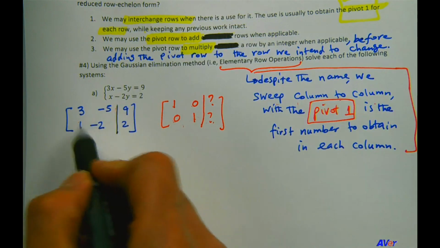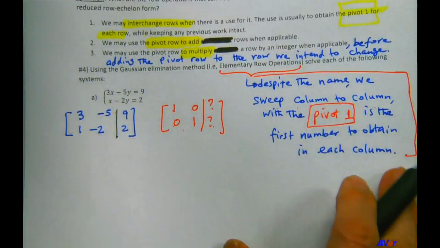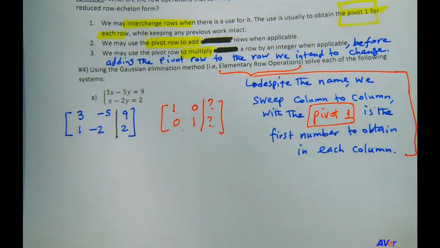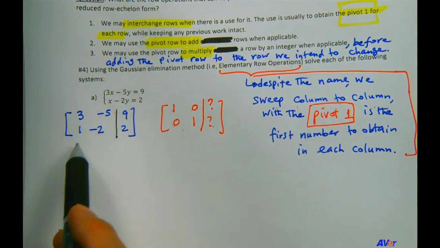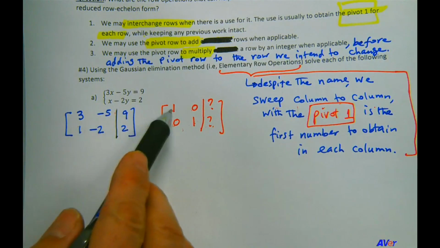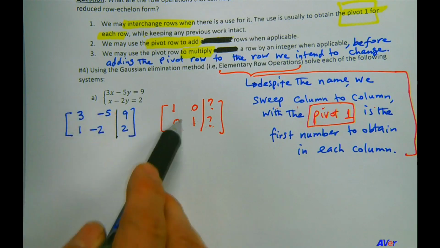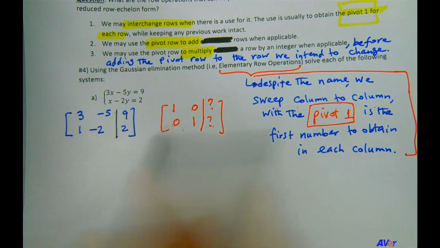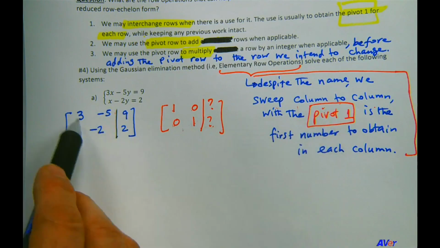Our objective is to convert this left side to that. Which one of these operations, you can still see them on your screen, which one of those three operations can I do to obtain a 1 in this corner? Because I want to make this look like that, right? I need to have, and we sweep column by column like I explained here, with the pivot 1 to obtain first.